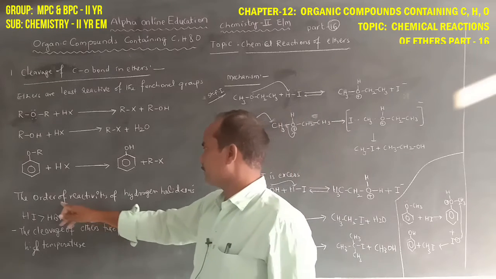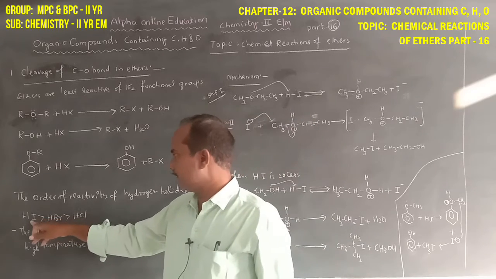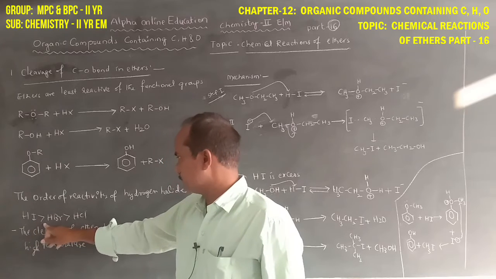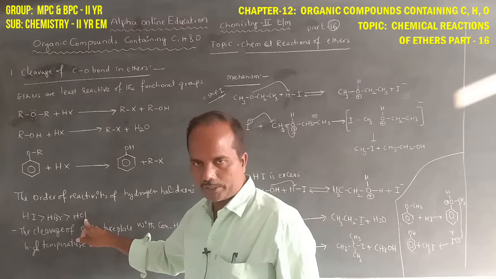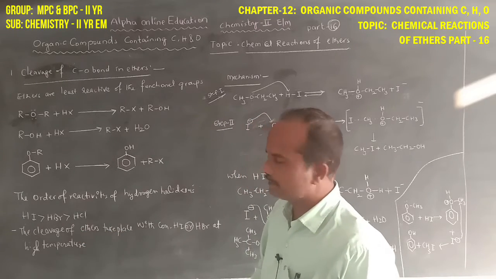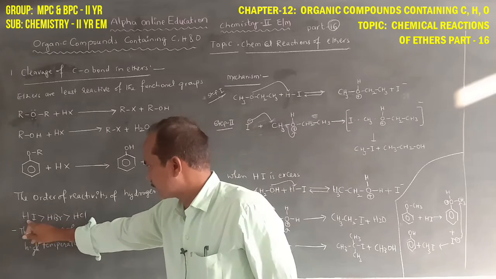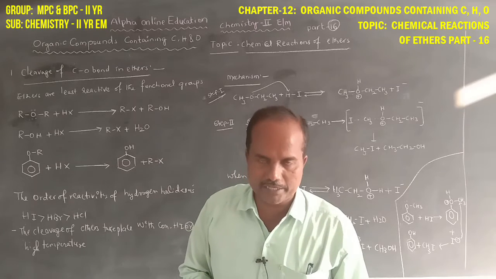Now the order of reactivity of hydrogen halides. In general, hydrogen iodide is more active than hydrogen bromide, which is more active than HCl. Hydrogen iodide easily generates the nucleophile. It can release the H plus ion very easily, that is, it is more acidic.